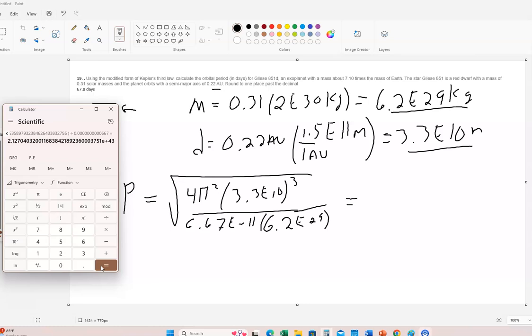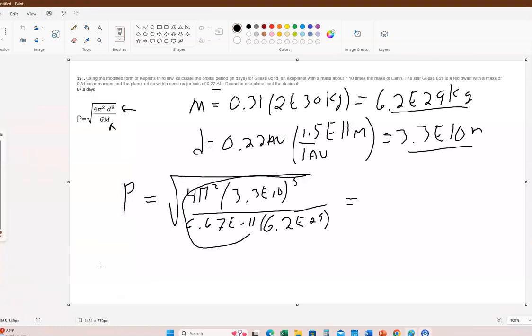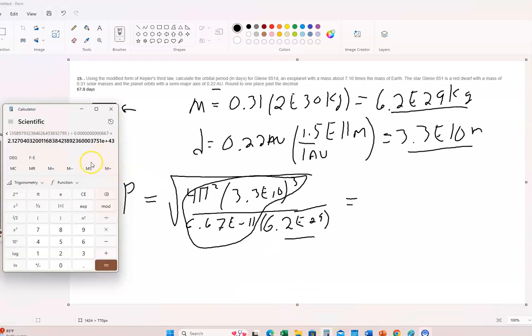Equals. Now I have to divide it by the mass of this particular star, so what I just circled, and then divided by 6.2 times 10 to the 29th.